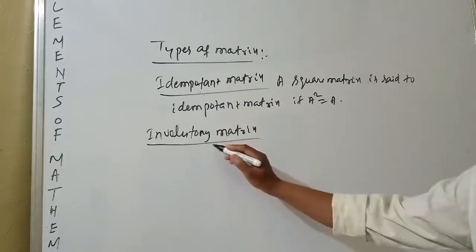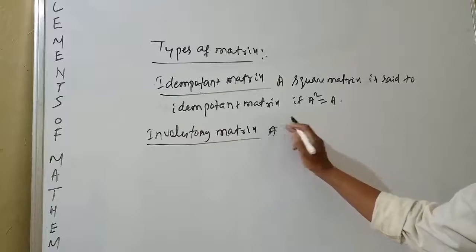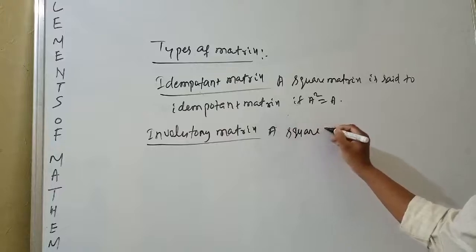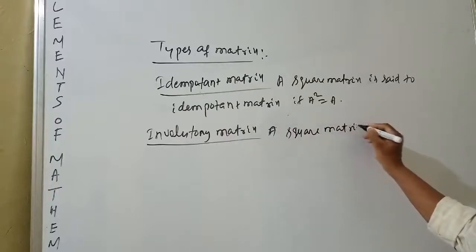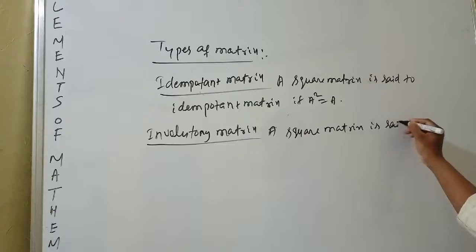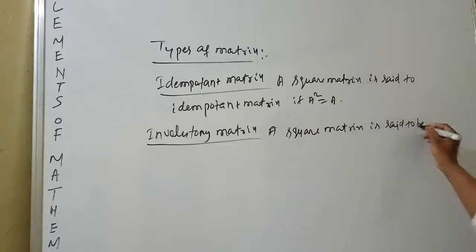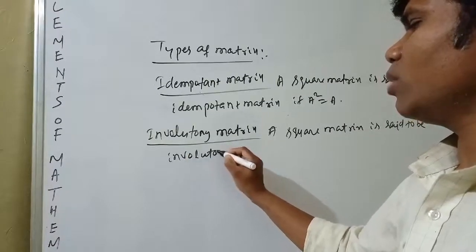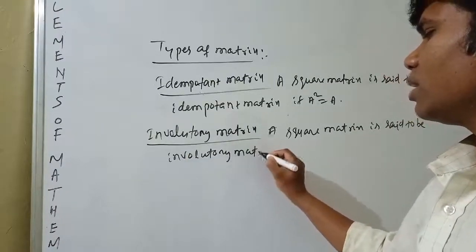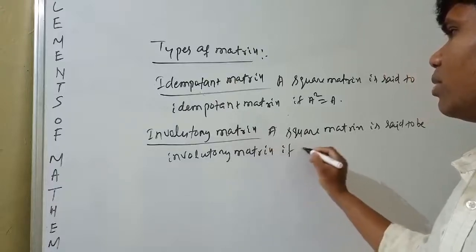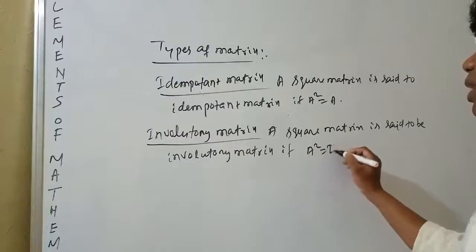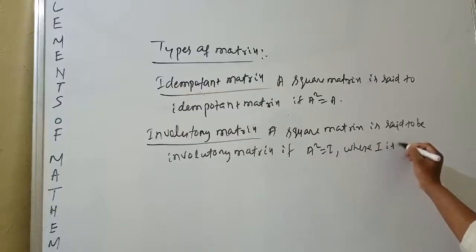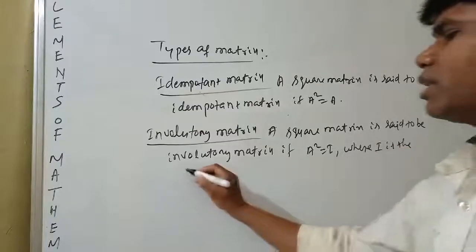Next, involutory matrix. A square matrix is said to be an involutory matrix if A square is equal to I, where I is the identity matrix.